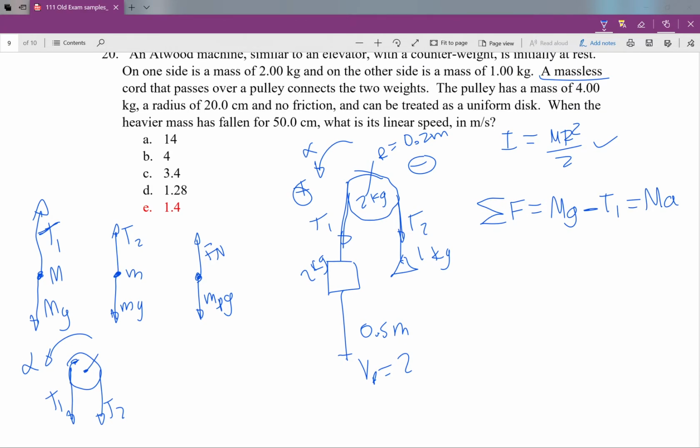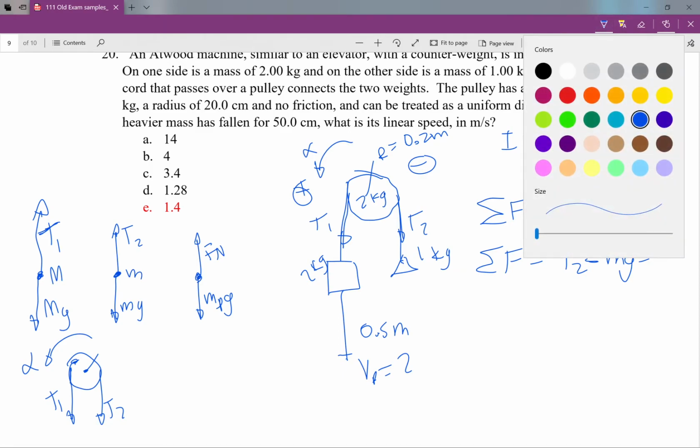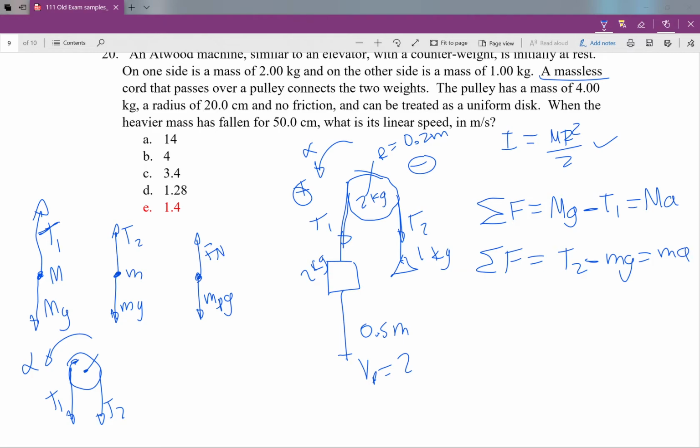Now, the sum of the forces for the little mass m: because the tension is moving in the positive direction, tension is going to be positive. So T2 minus little mg equals little m times the linear acceleration, ma.